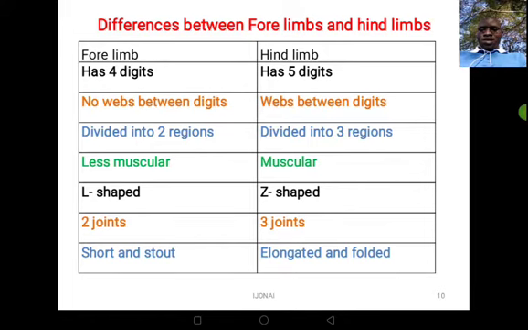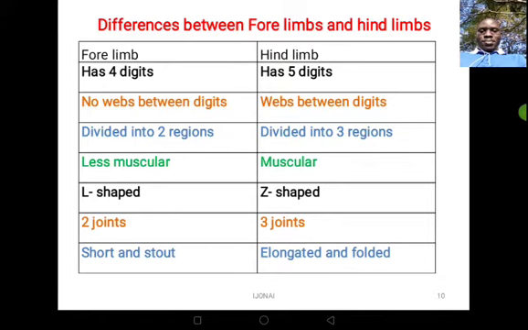You also realize that in the forelimb there are no webs between the digits, but the hind limb has webs between the digits, so it is webbed. The feet of the hind limbs are webbed, whereas those of the forelimbs are not. And then the forelimbs are divided into 2 regions, and the hind limb into 3 regions.